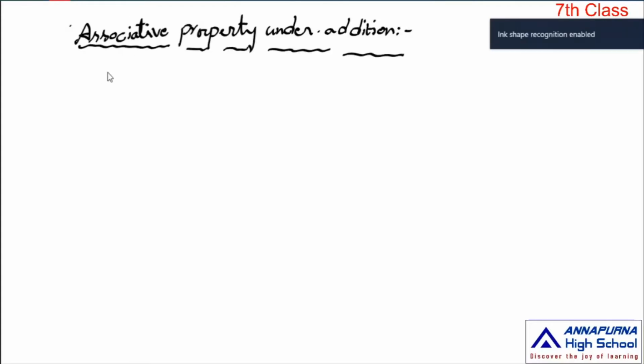Associative property of addition. As we know, when a group of whole numbers are added in any order, we get the same result. Let us check for integers.